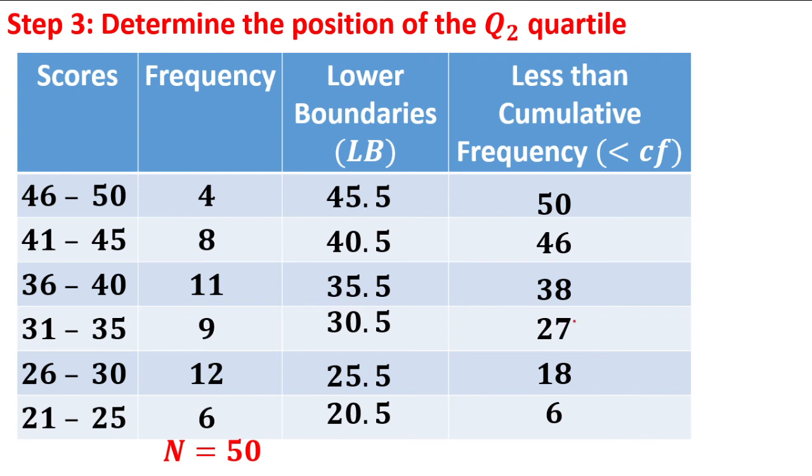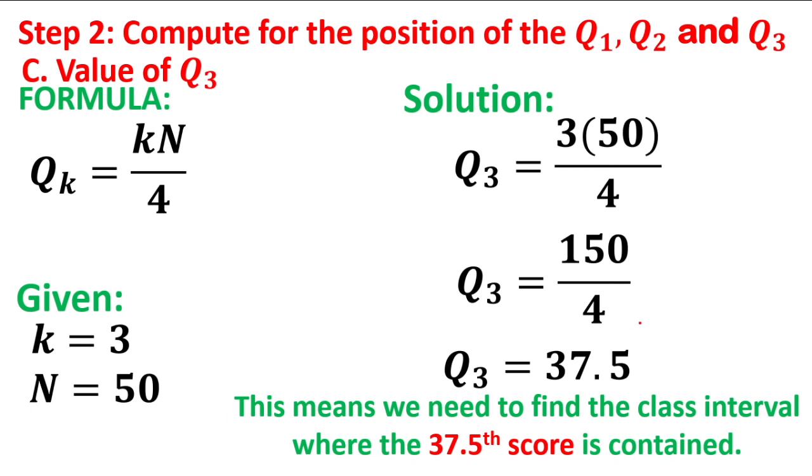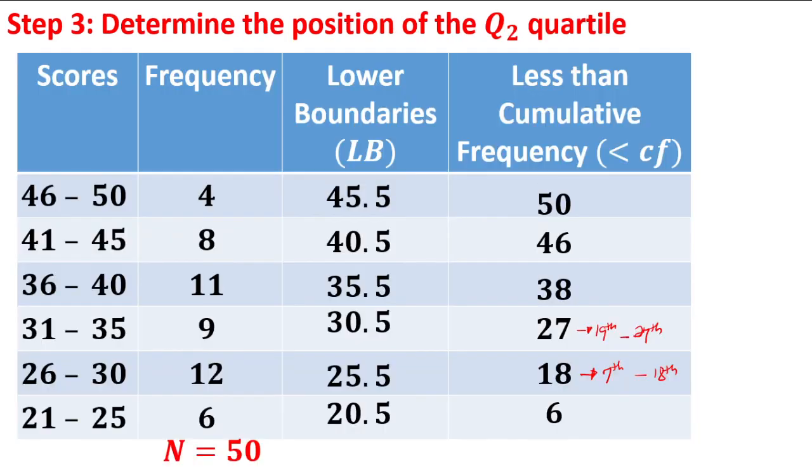So, etong 27, this will be from 7 to 18th score. Okay? Next, yung 27 naman, ito yung 19th score to 27th score. Okay? Ang hinahanap natin ay 37.5th score. Saan yon? Saan kabilang yon?